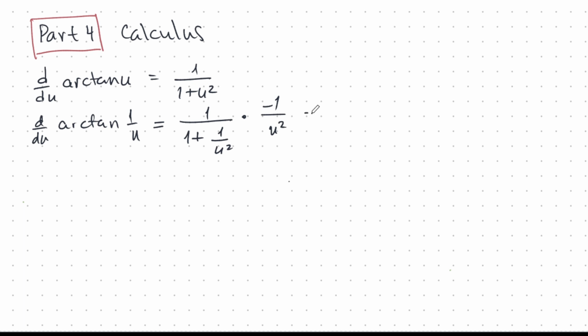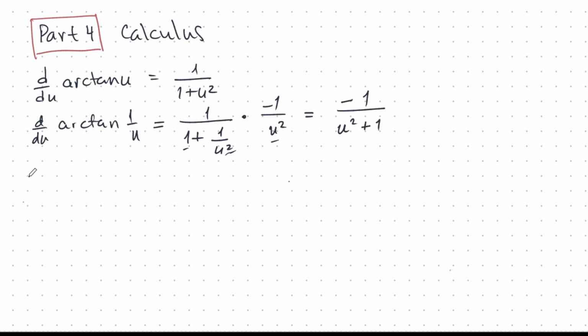But this is quite interesting. When I multiply this, look what happens. This and this give me 1, but this and this gives me u squared.